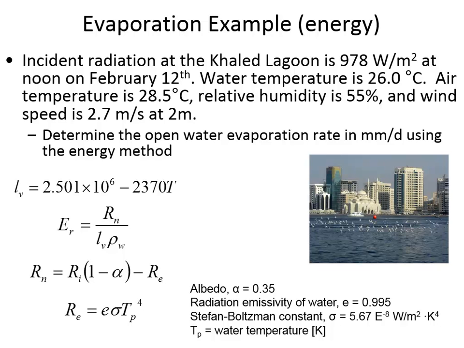So this is the energy that can actually speed up the molecules, give them the kinetic energy they need to overcome the phase change from the liquid phase to the vapor phase. And so if we put this into the formula for E sub R, we're going to need to know what is the latent heat of vaporization at the temperature in question.